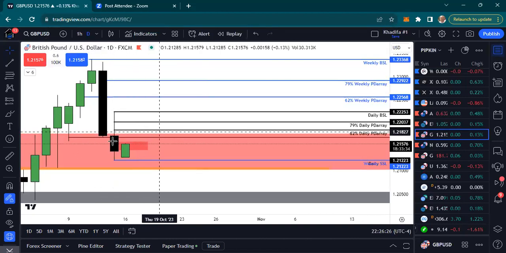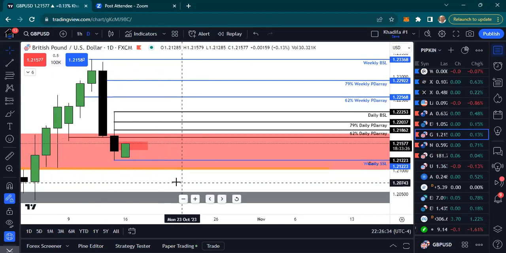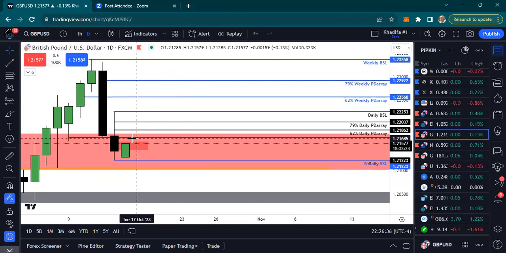This is the consequent encroachment of last week's body, right? I don't want to see us get above that if we are going to continue lower, right? Now you see our daily PD array level sits above the consequent encroachment. On Euro, they were below the consequent encroachment. So I may use some discretion with GBP USD and allow for price to pull up into those daily PD arrays.